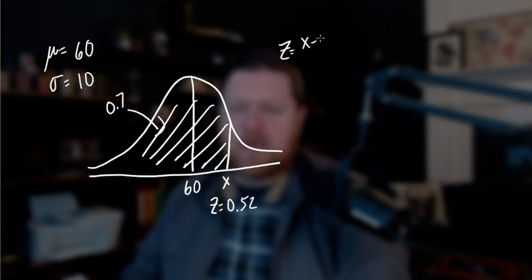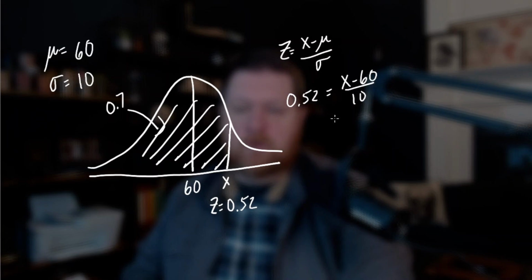Z is equal to x minus mu over sigma. 0.52 is equal to x minus 60 over 10. Multiply both sides by 10, and you get 5.2 is equal to x minus 60. Add 60 to both sides, and x is equal to 65.2. And that's your answer.